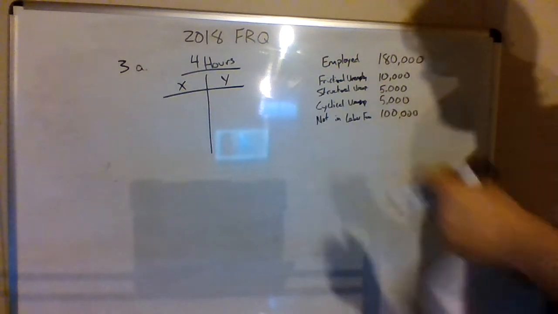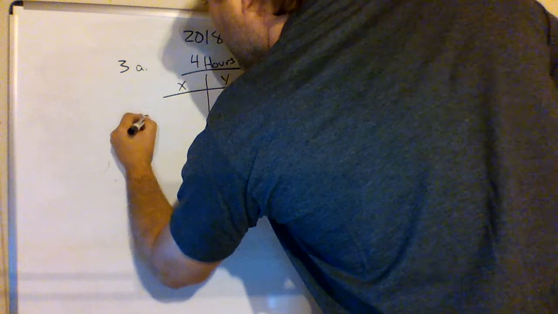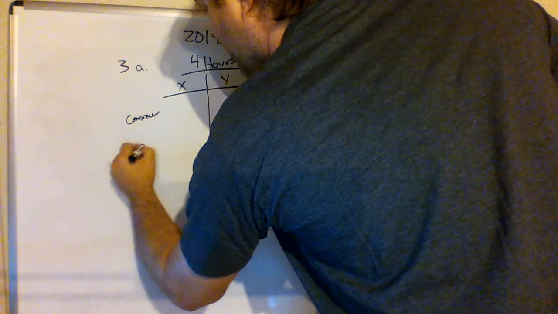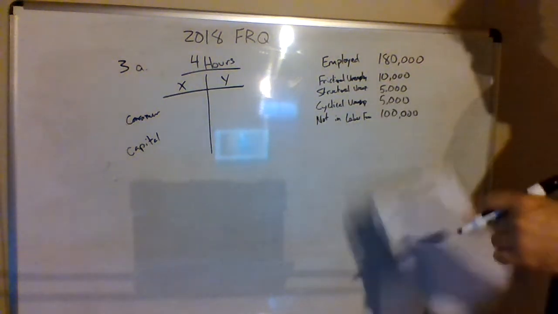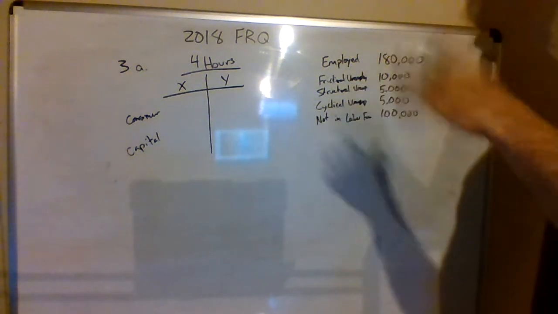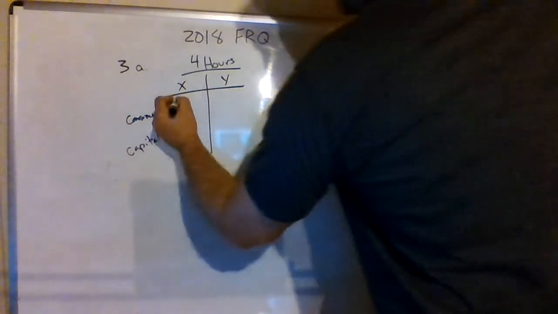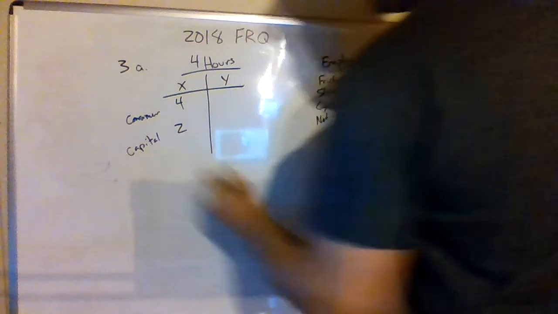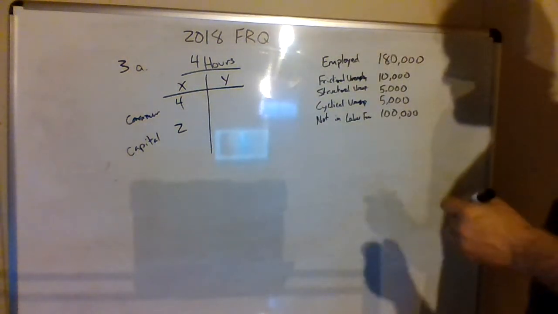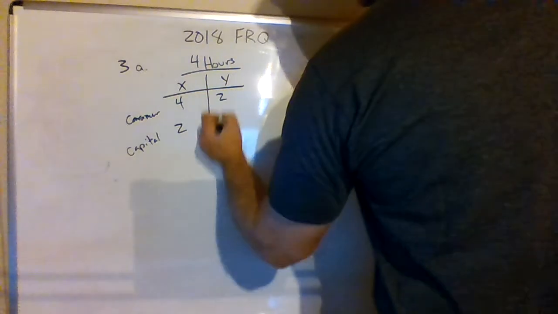Then I've got my consumer products and my capital products. If I take 4 hours, X takes 1 hour to produce a unit, so they can produce 4. And then you read through, they can produce 2 capitals in an hour, so they can produce 2. Y on the other side of things is 2 and 1.